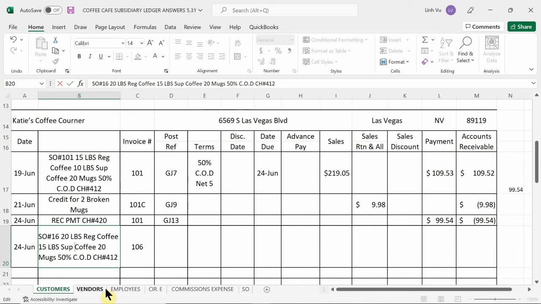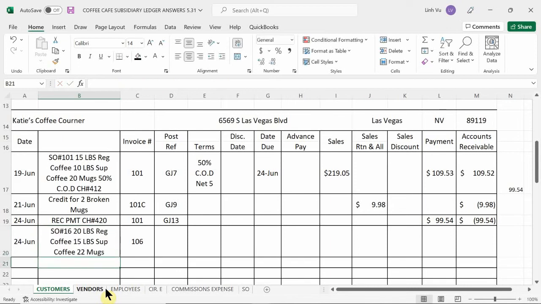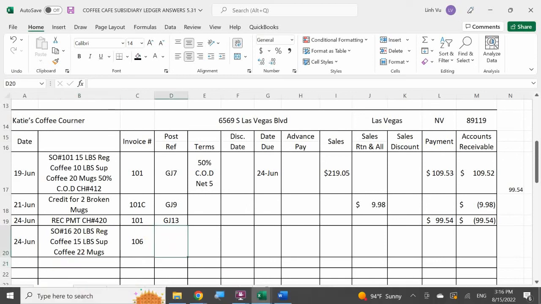There was no COGS, but there was a delivery charge. Okay, and we're on page 13. Terms are 1%, 15, net 30.